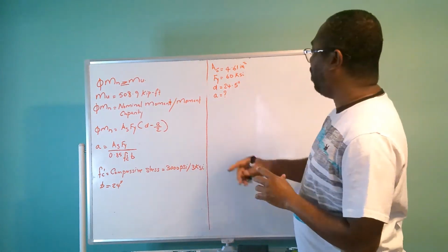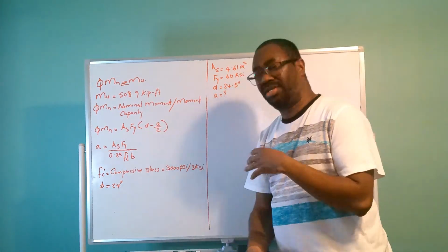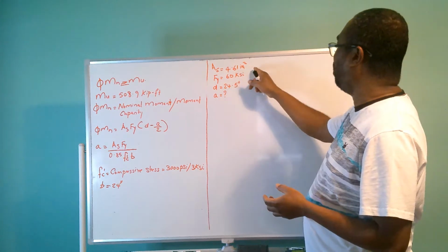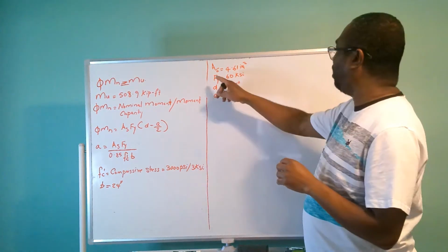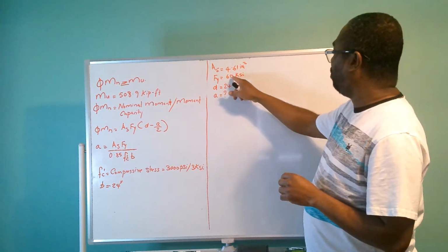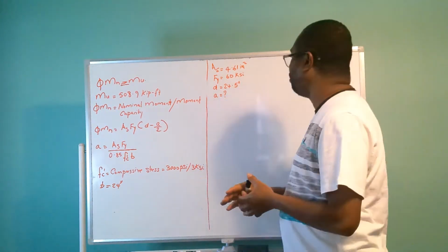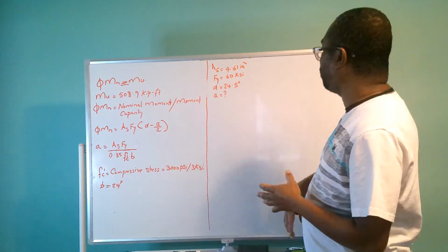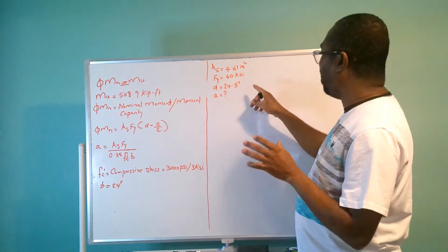We know the area of steel from our previous calculation to be 4.61 square inches, the yield stress of steel is 60 ksi, and the effective depth is 24.5 inches.